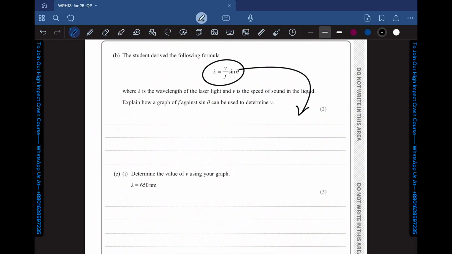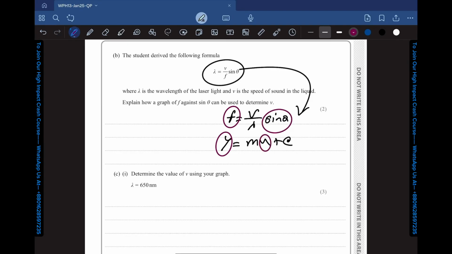So let's write it down again. We can also write f equals v divided by lambda times sin theta, because f is going on our y-axis, right? So we can say y equals mx plus c. We know f is our y-axis and sin theta was our x-axis.